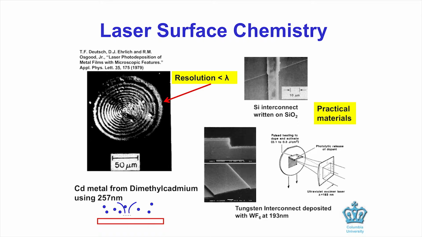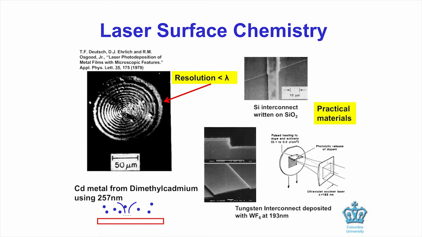Other things were done. So Tom looked at tungsten deposition, interconnect deposition from tungsten hexafluoride using a 193 nanometer laser. That's an excimer laser. And what he did is he put it in the gas and then scanned a wafer down. The wafer is this thing that looks like almost a toilet seat here. And you scan it through there and you get this interconnect made of tungsten.